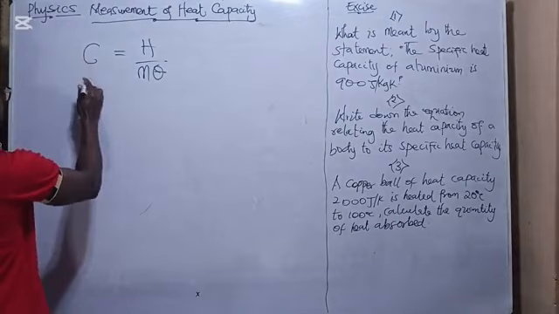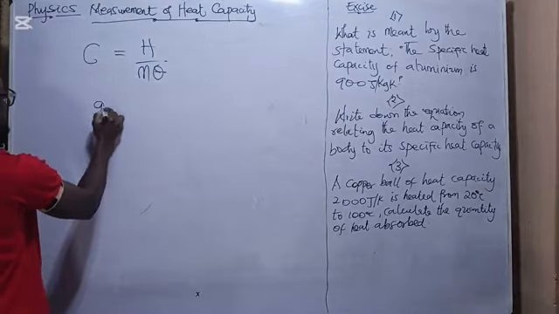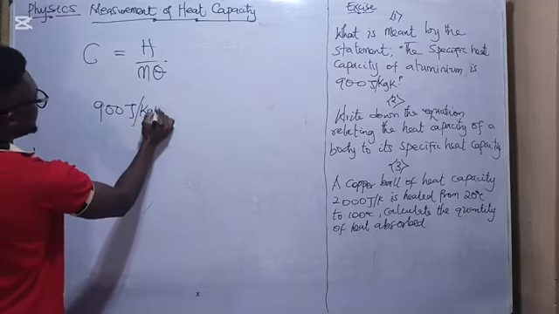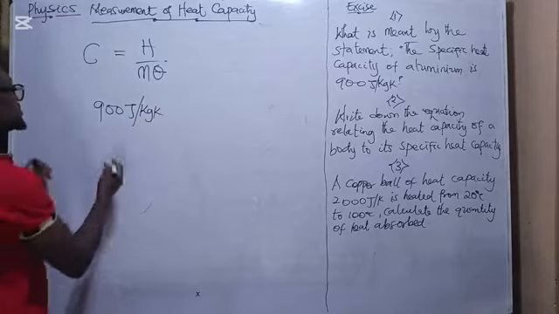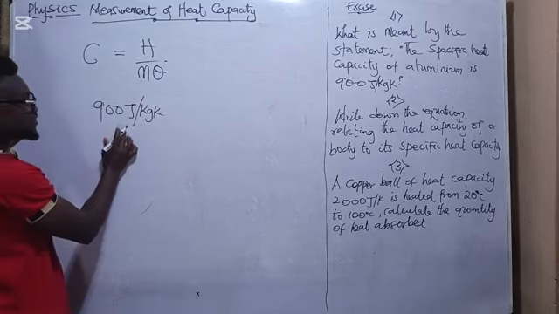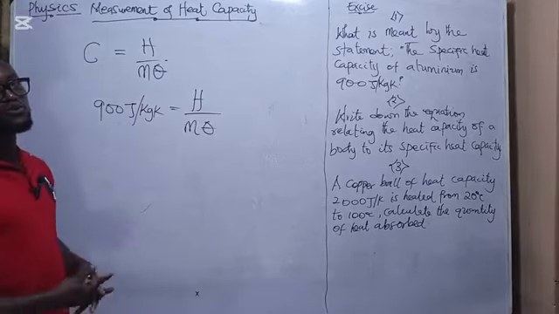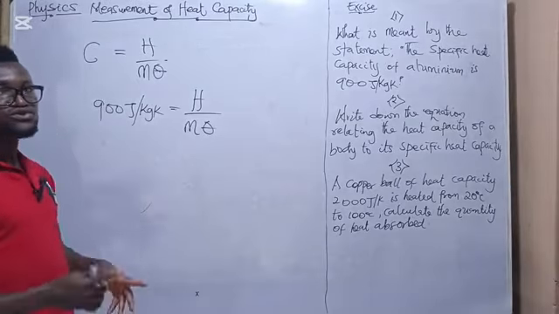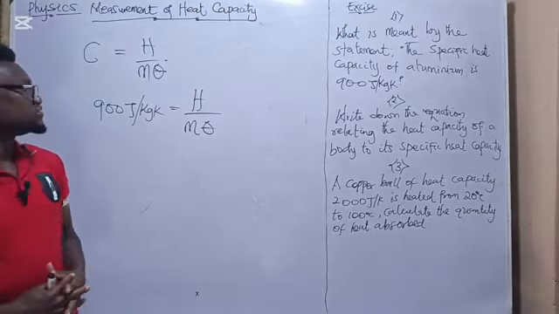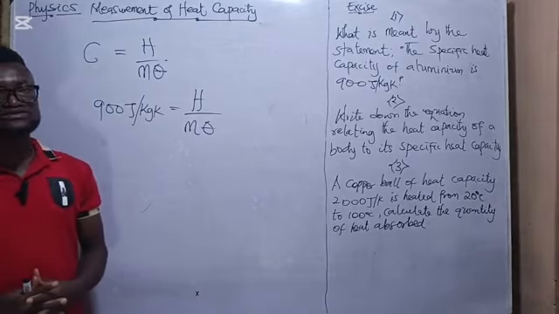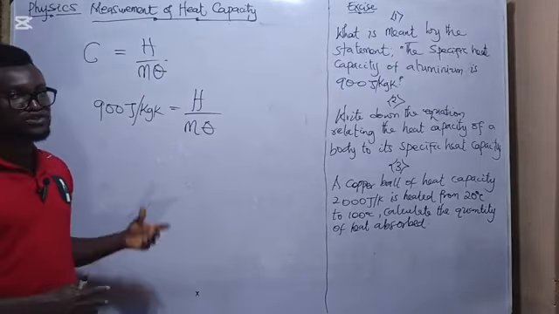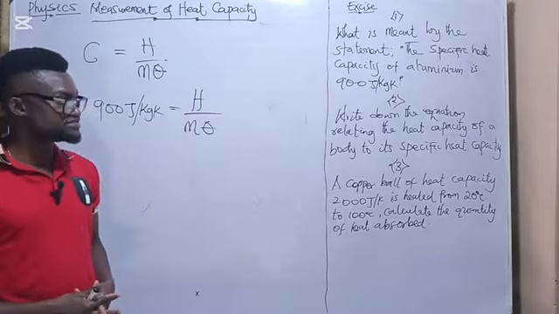Specific heat capacity being equal to 900 joule per kilogram per Kelvin simply means that the quantity of heat required to raise the temperature of unit mass of that aluminium through 1 degree rise in temperature is 900 joule per kilogram per Kelvin.